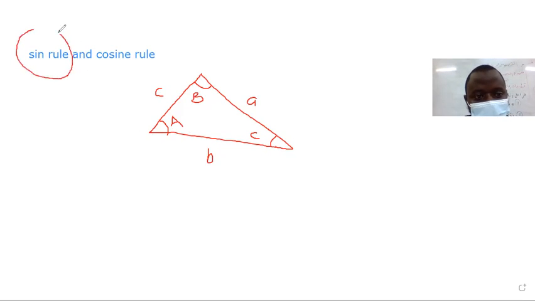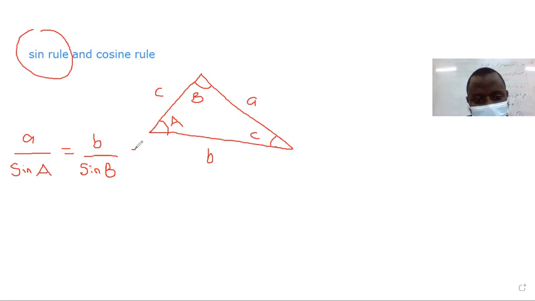Now, what does sine rule say? Let's start with sine rule. What does it say? That side A divided by sine of angle A, sine A, is the same thing as side B divided by sine B. And finally, that is also the same as side C divided by sine C. Right.